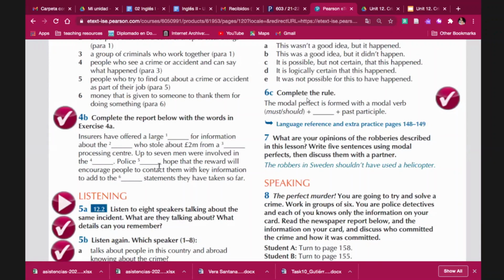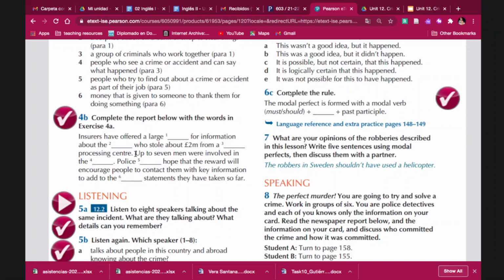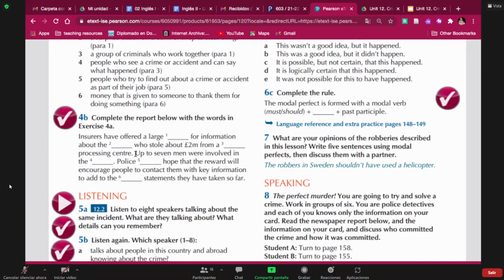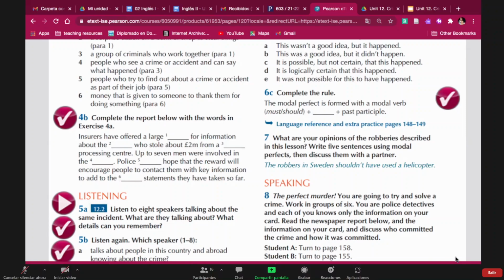Okay, guys, so now the following exercise is asking us to complete the report below with the words in exercise 4A, okay? So the first sentence includes 3 words, okay? 1, 2, and 3. So Jonathan, would you please read the first sentence with the right answers, please? Yes.